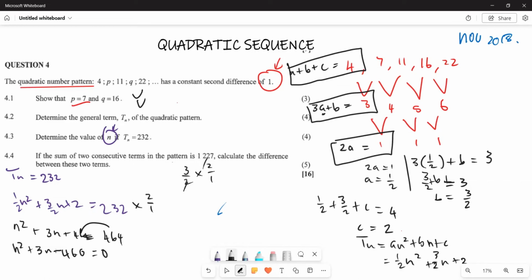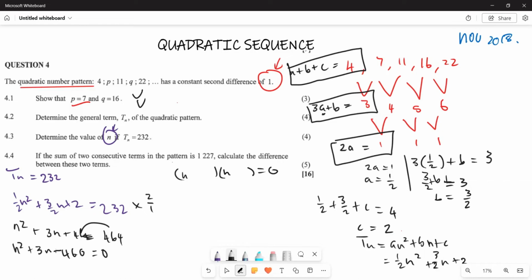And now from here, what is it that you're going to do? Now from here, you are going to open 2 brackets, equal to 0. Now, the factors that can give the middle term, which is going to be equal to your 3, what is going to be that particular factor? The factor that you're going to get there, this is going to be n, obviously.